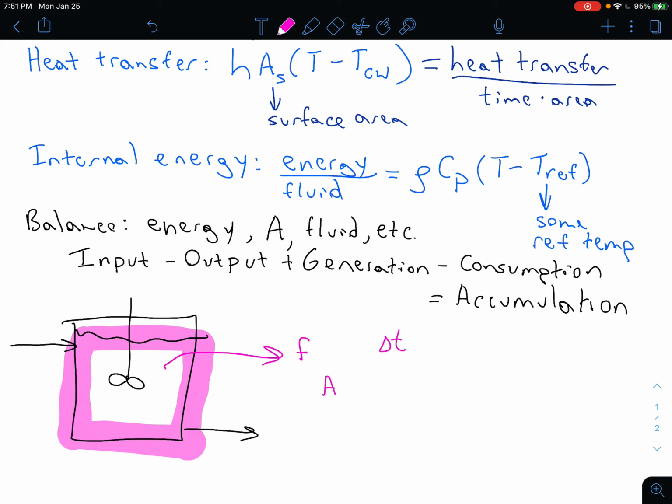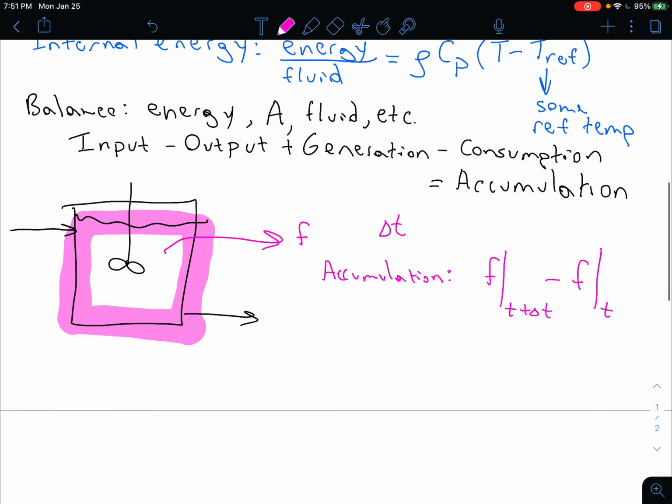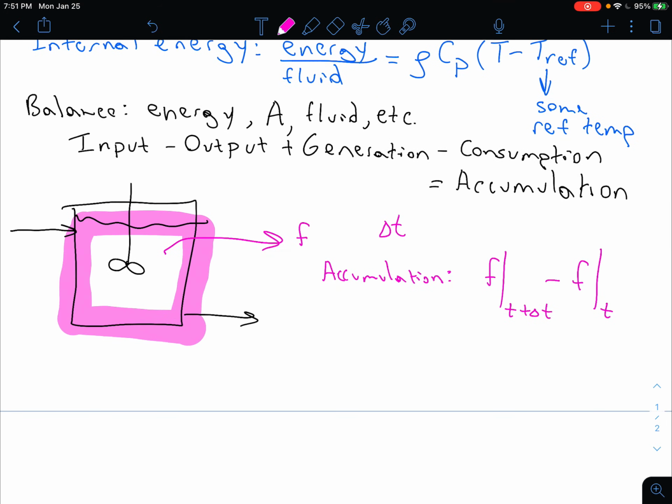And accumulation refers to F inside the control volume at time t plus delta t minus F at time t. So in other words, in a small step of time, delta t, how much has F changed?